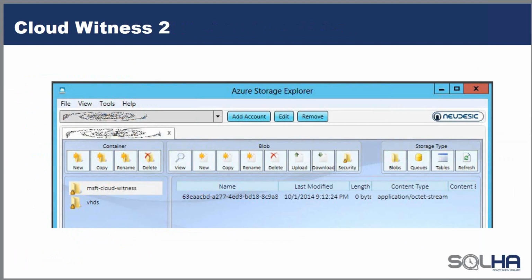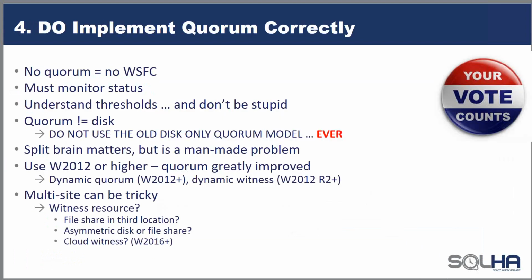Now, where this really helps in terms of cloud witness is, again, this multi-site scenario where you don't want to configure a 3rd data center to, say, put a file share witness in. That, for a lot of people, is not a reality. Not everybody can use the cloud, so cloud witness might be difficult for some of you.